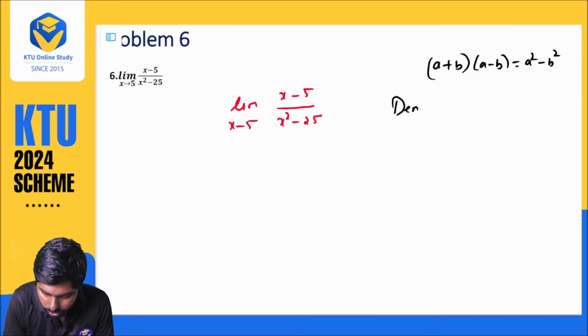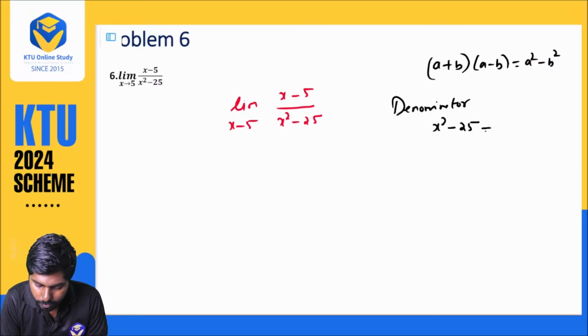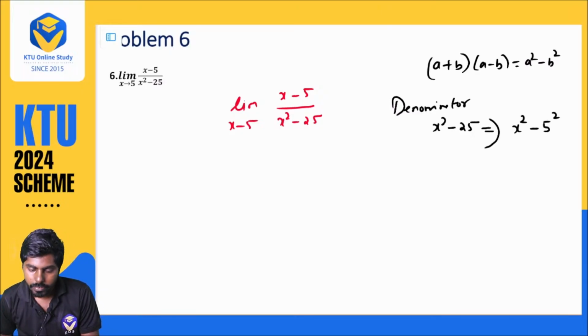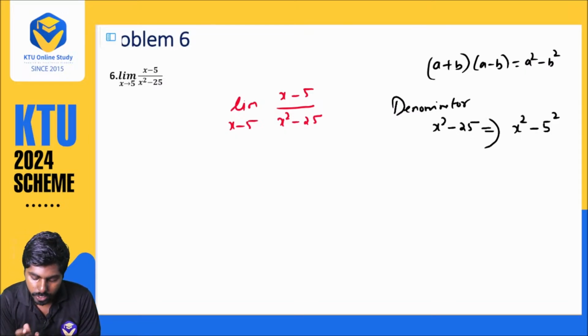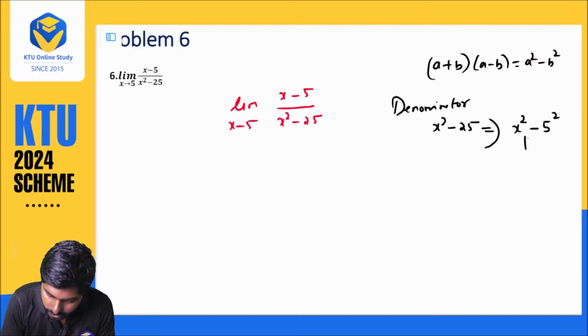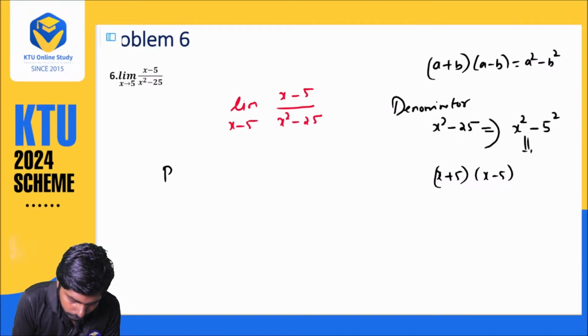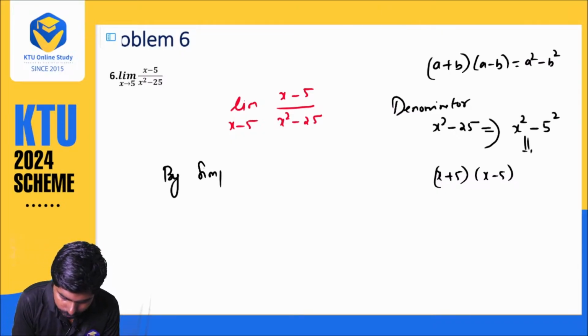In the denominator there is x square minus 25, which we can write as x square minus 5 square. Can you write it this way? 5 square means 25. So we can write this as x plus 5 into x minus 5. Just a simplification.